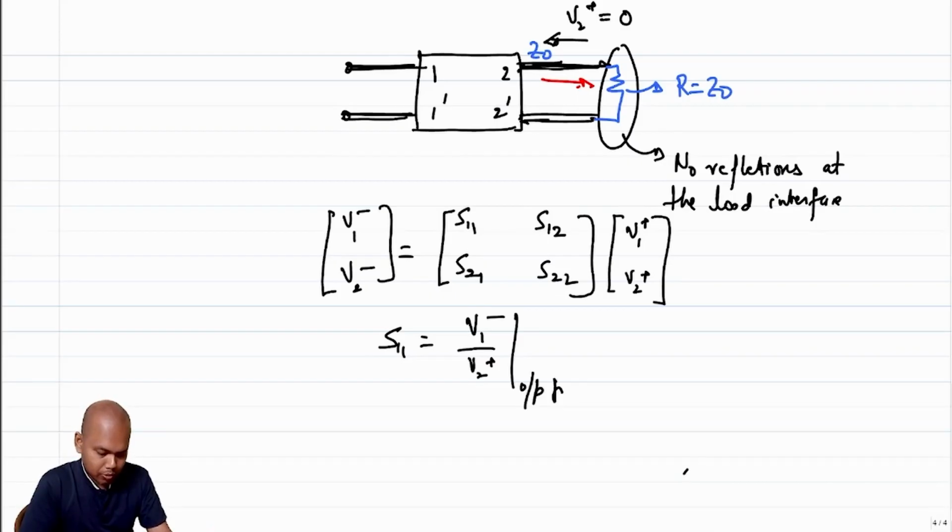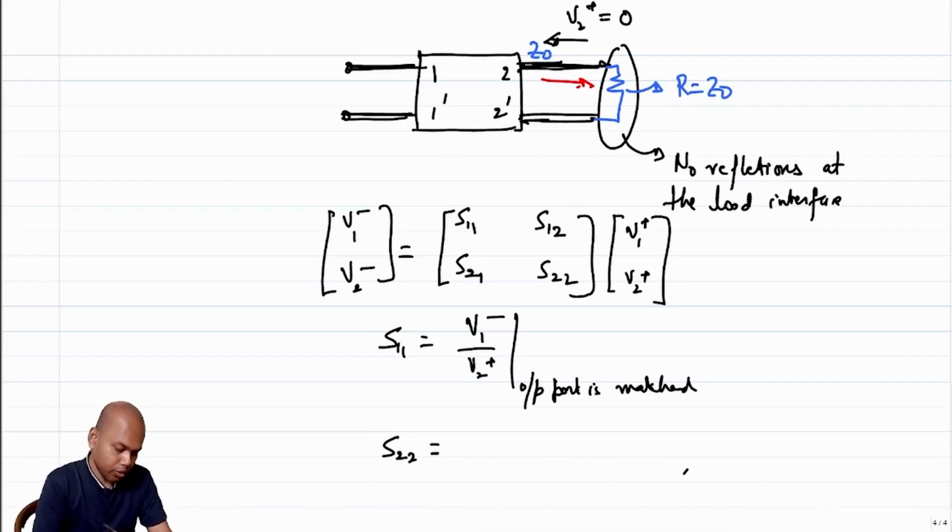So the output port is matched. What is the definition of S22? S22 will be V2 minus divided by V2 plus, right? When there is no reflection at the input port, right?